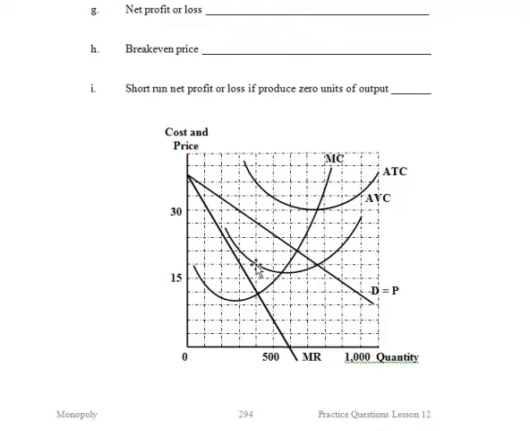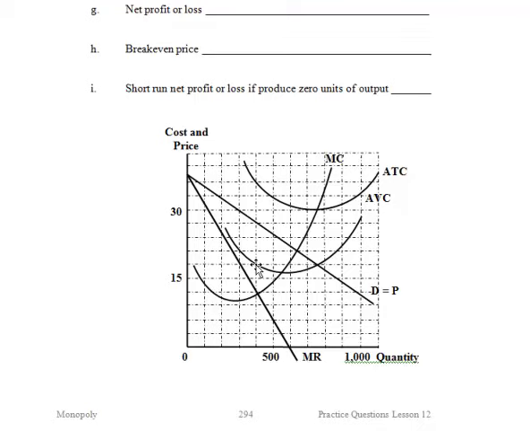So if they were to produce 0, they would still have to pay their fixed cost. And their fixed cost would be 400 units times $18. So you'll find that if they did produce nothing in the short run, they'd lose more than if they produced the 400 units.